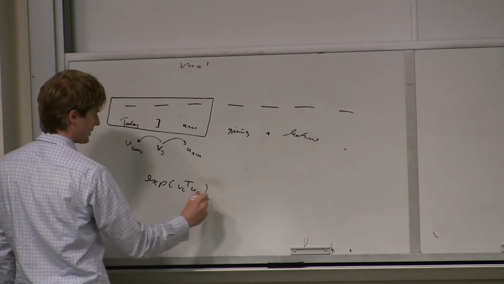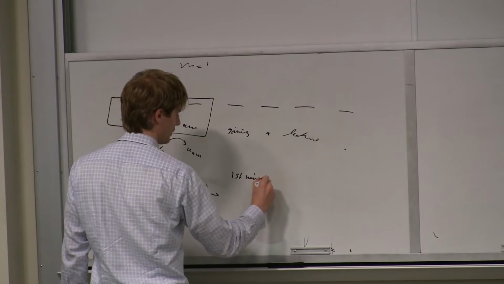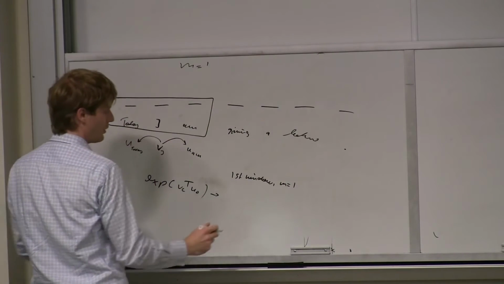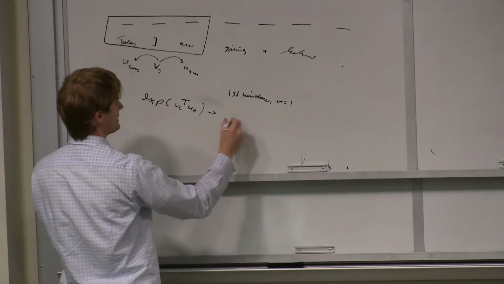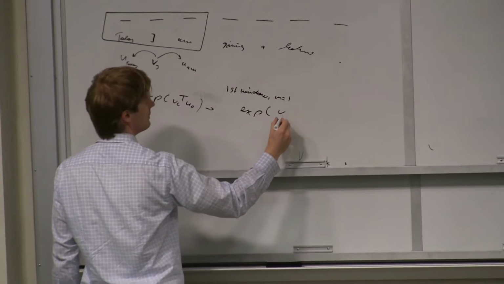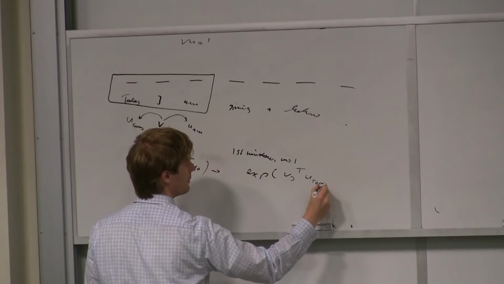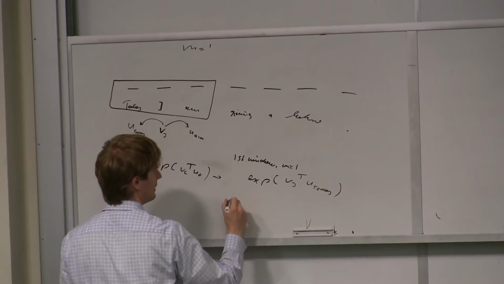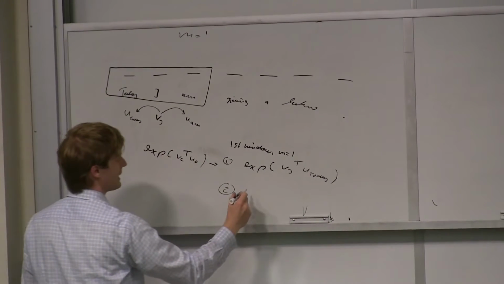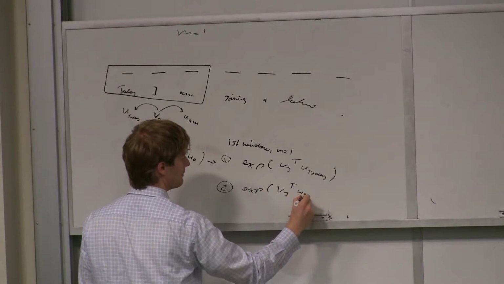So for the first window, with our window size of only 1, we will basically have in the exponent here v_I transpose u_today. And then the second element for that window would be the exponent of v_I transpose u_am.